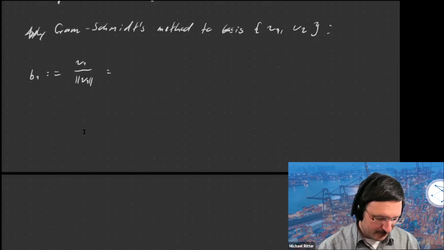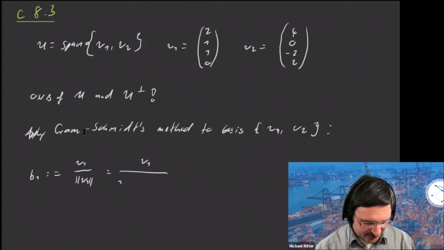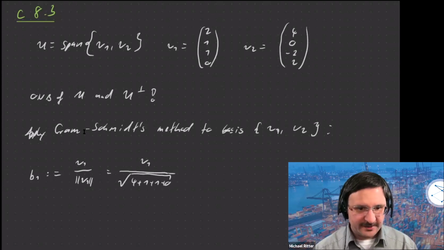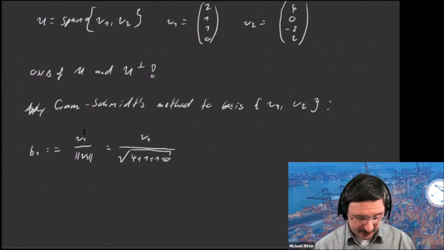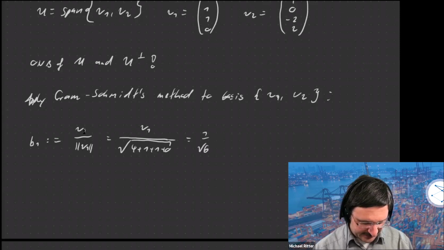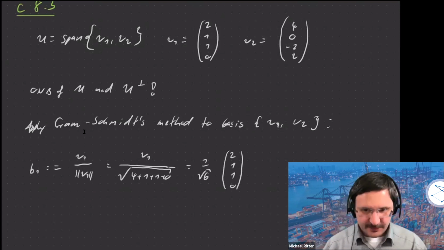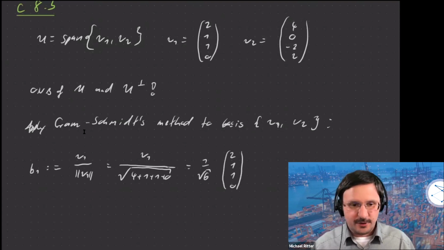That means we have to compute the norm of v1. Now v1 is 2, 1, 1, 0. So the norm is the square root of 4 plus 1 plus 1 plus 0, which is the square root of 6. So we have 1 over the square root of 6 times 2, 1, 1, 0. That's the first vector of our orthonormal basis, b1.